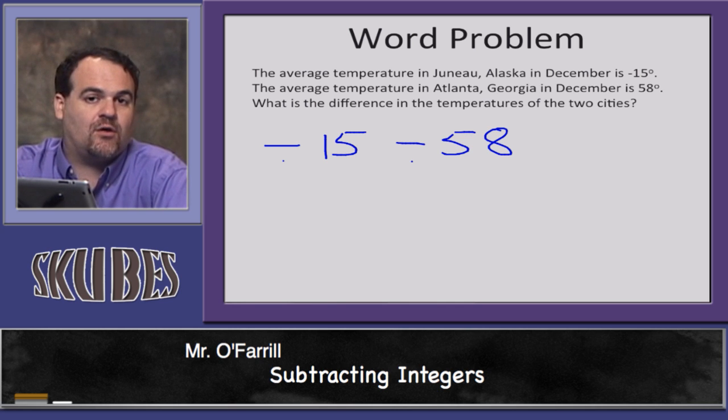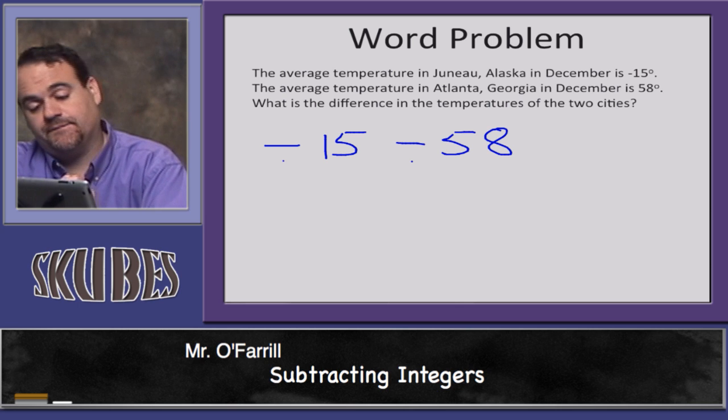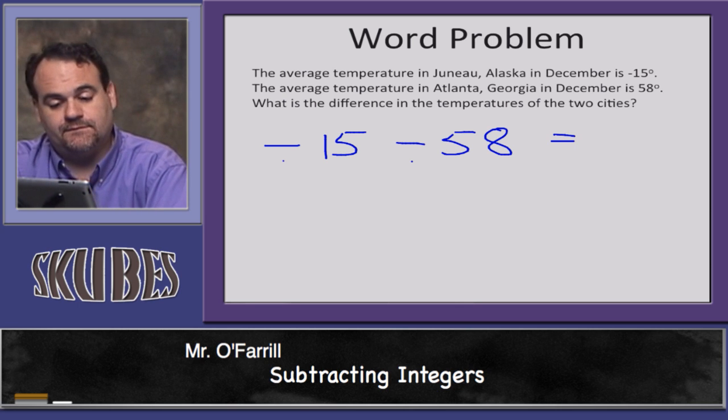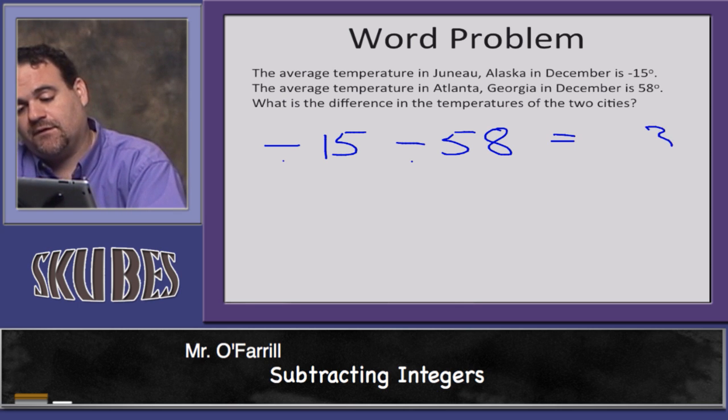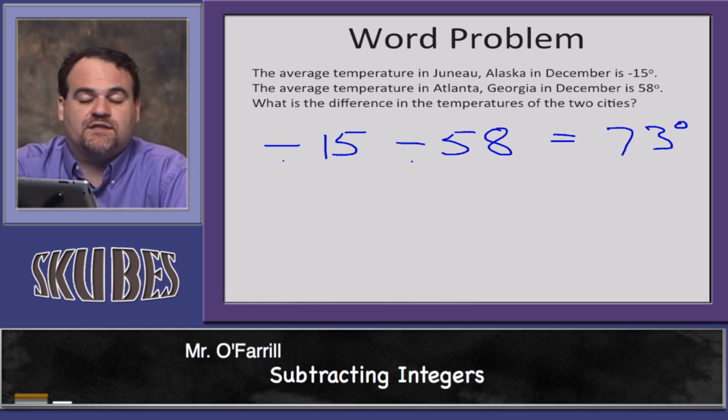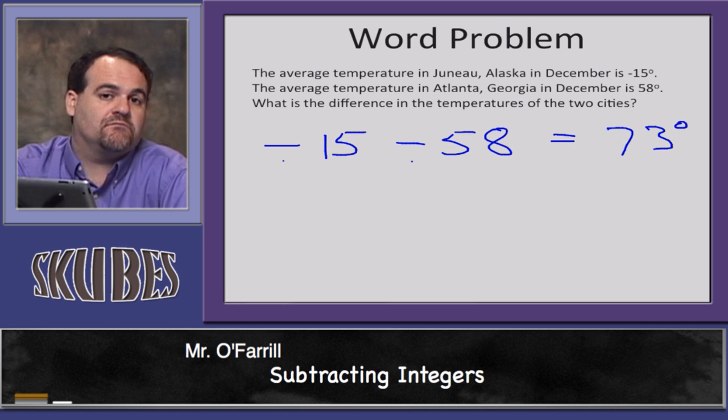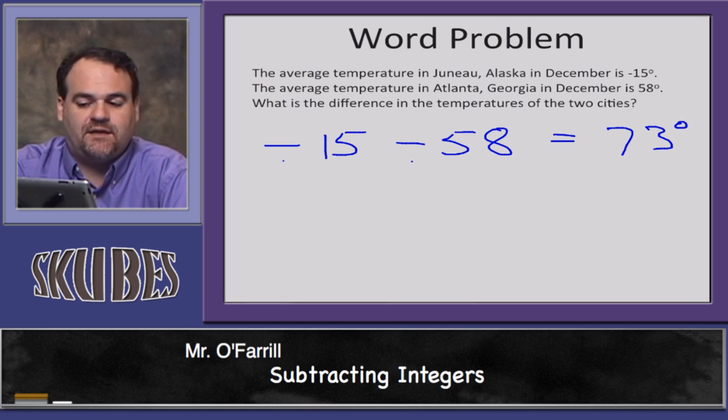So like we talked about before, all we're really doing is adding the numbers together, which is going to give us 73 degrees difference. And that makes sense, doesn't it?